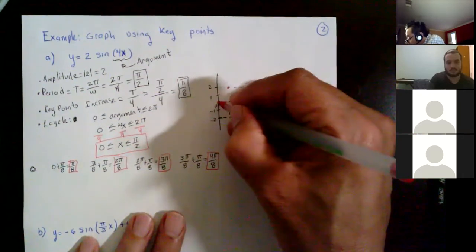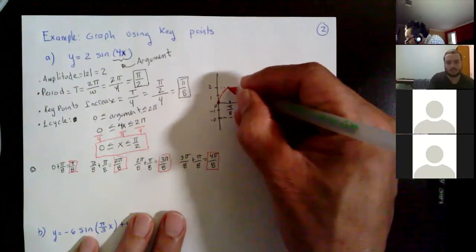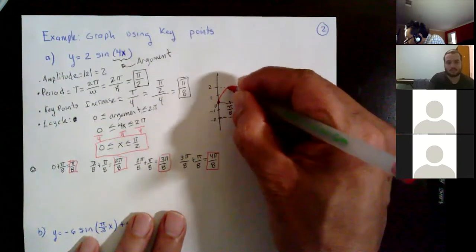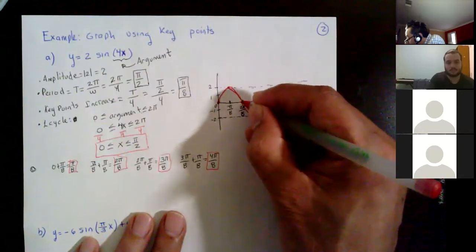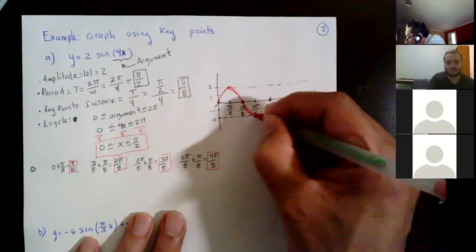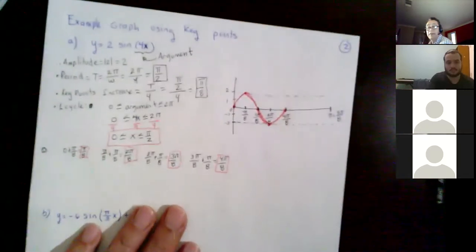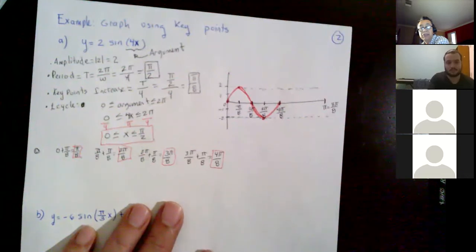And if you connect these points right here, that would be the corresponding waveform to 2 sine of 4x.